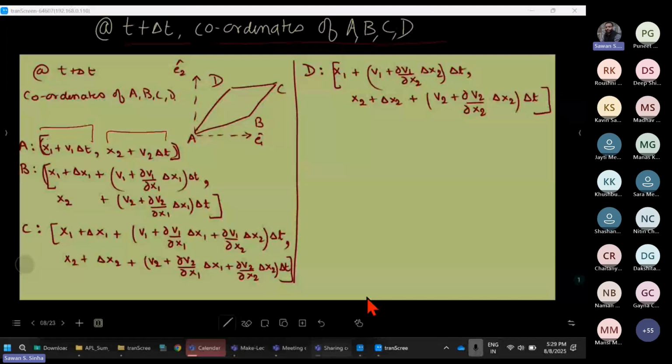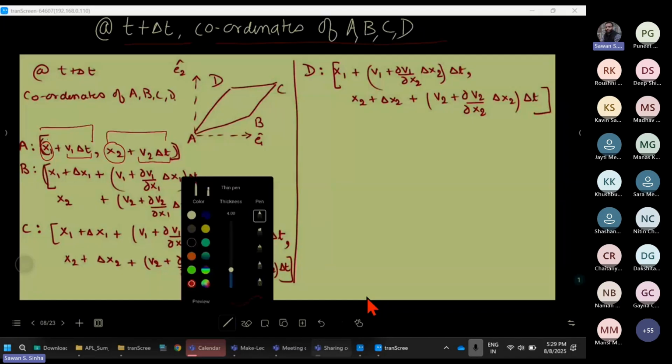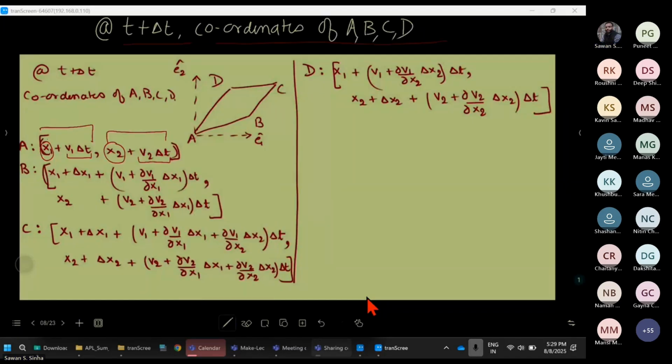X1 and x2 were the original coordinates at time t, and then over time delta t, this much displacement has been achieved by fluid particle A. Okay. If you go to fluid particle B, it had coordinates x1 plus delta x1 and x2.